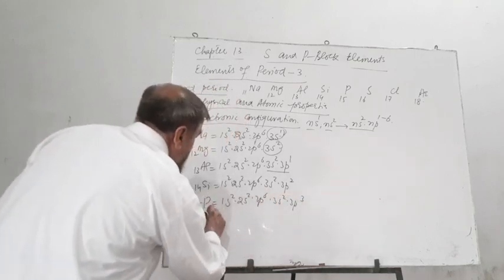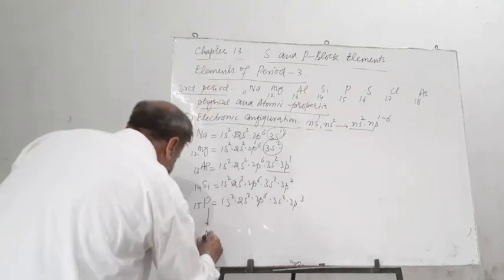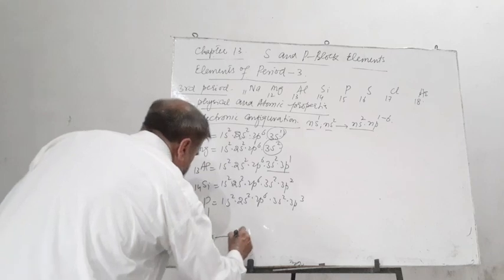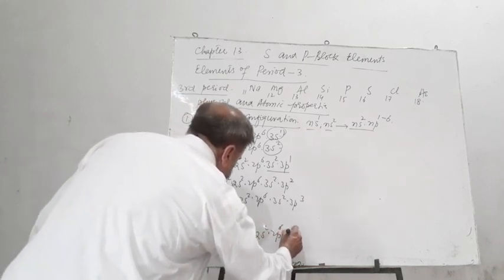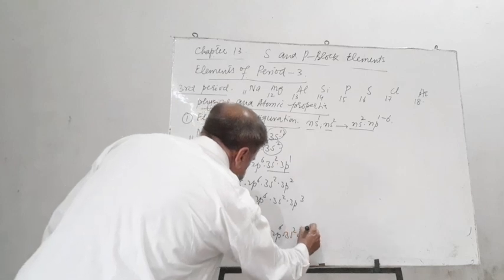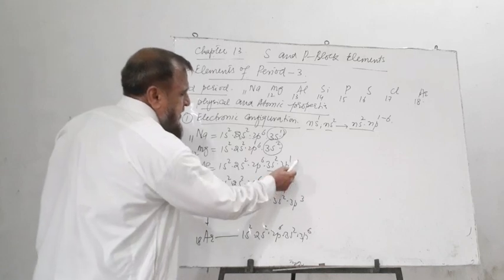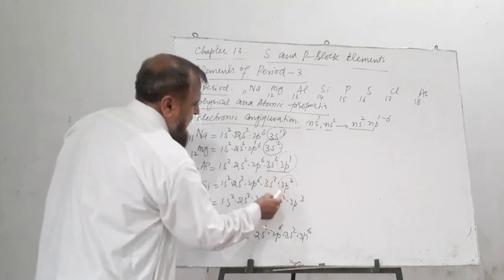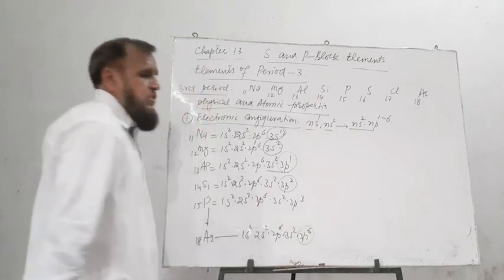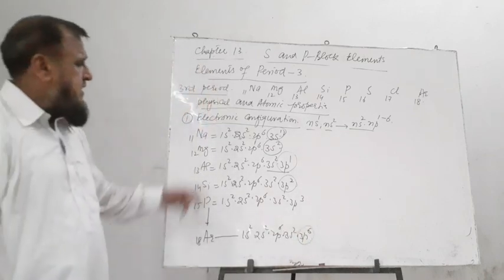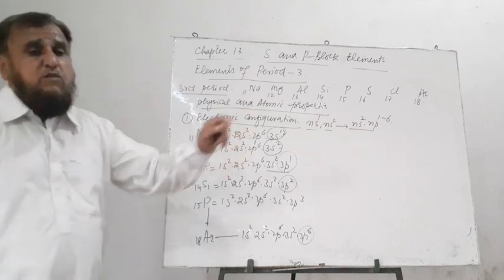And for the last element, argon, atomic number 18, the configuration is 1s2, 2s2, 2p6, 3s2 and 3p6. So in these elements the p orbital is filled, from 3p1 to 3p6. The general electronic configuration is either ns1, ns2 or ns2, np1 to 6.